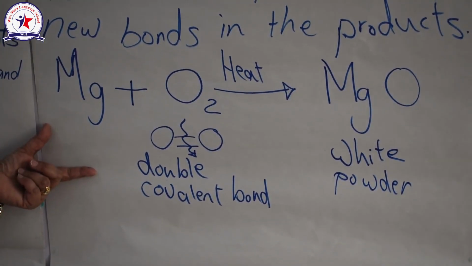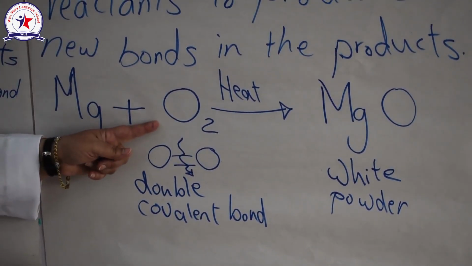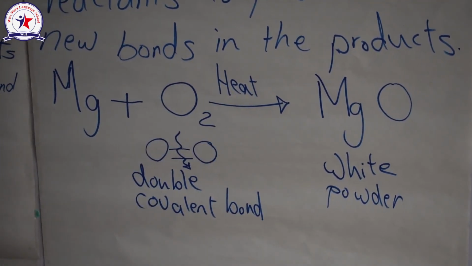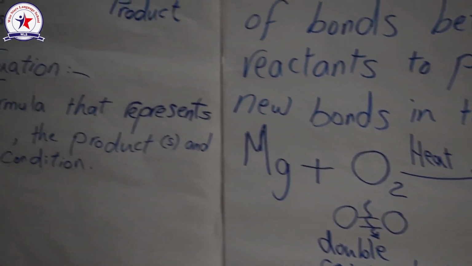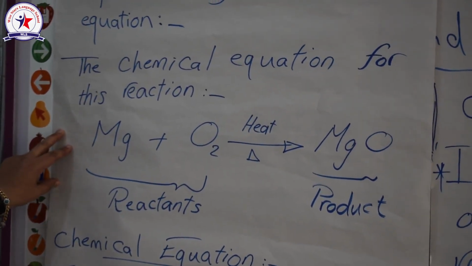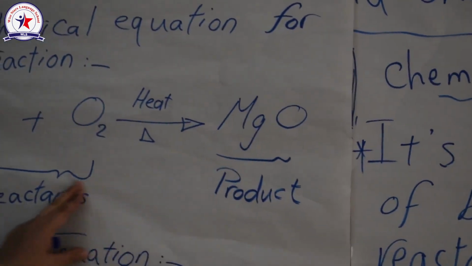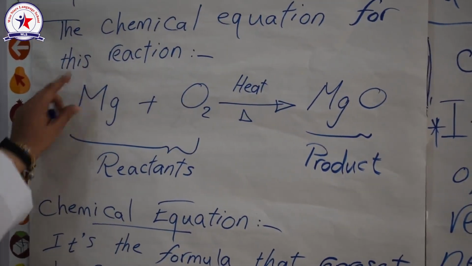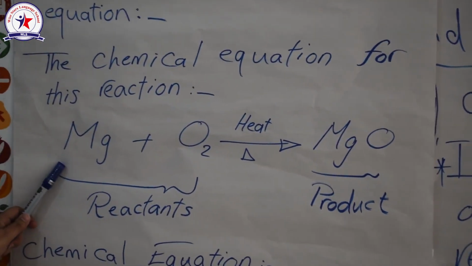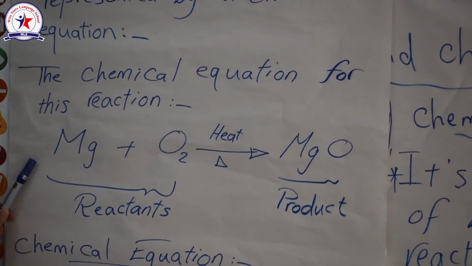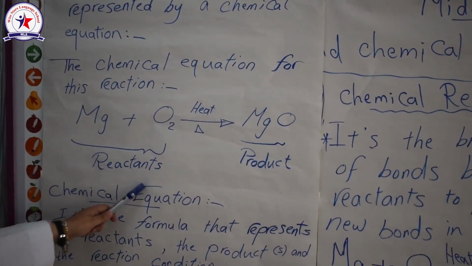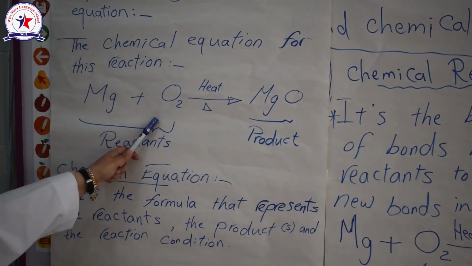This chemical reaction consists of reactants, product and reaction condition. As we said, any chemical reaction must be written in a form. This form is called a chemical equation. This chemical equation consists of reactants, magnesium and oxygen.